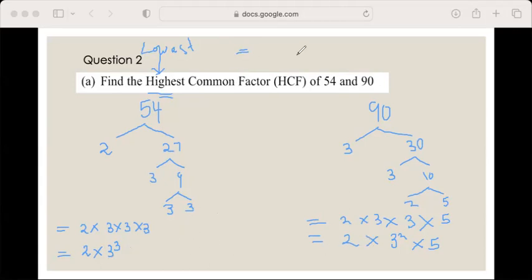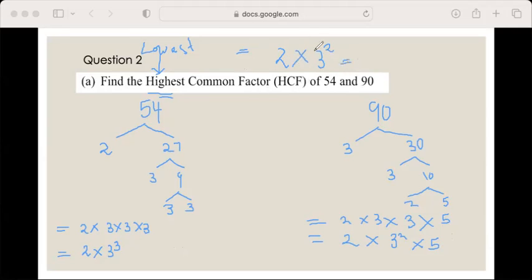So lowest of 2 is just 2. What's the lowest of 3? Here 3 cubed, here 3 squared. So 3 squared is the lowest one. And 5, here 5 to the power of 1, here 5 to the power of 0. So lowest of the 5 is 5 to the power of 0. 5 to the power of 0 means just 1. So we can simply ignore that.